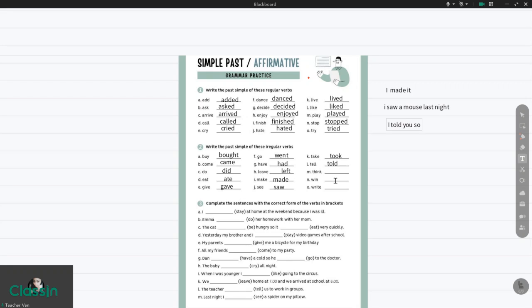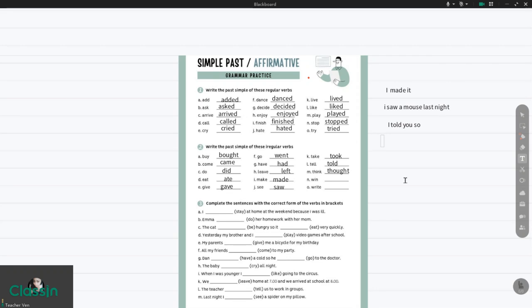Okay, for letter M, think. Our past tense is, what do you think is the right answer? Can you guess? Think becomes thought, right? I think. I thought, right? Yes. Okay, so let's use it in a sentence.